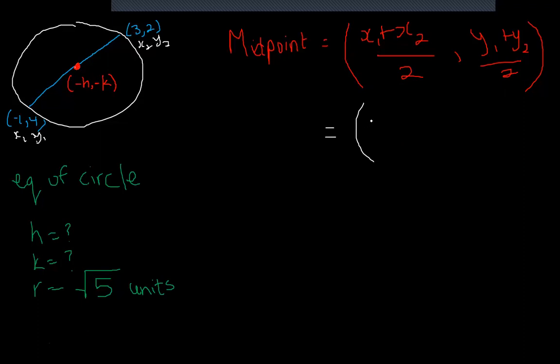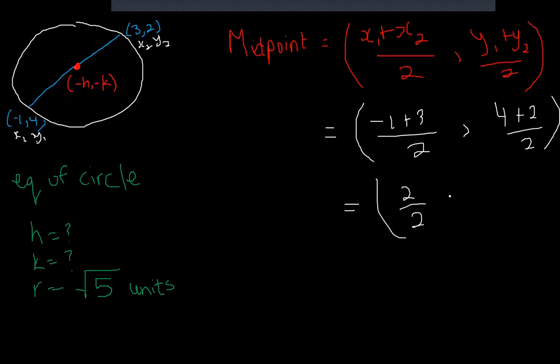So x1 is minus 1, so that's minus 1 plus 3 over 2, comma, y1, that's 4, so 4 plus 2 over 2. Minus 1 plus 3, that's 2. So it's 2 over 2, comma, 4 plus 2 is 6 over 2. 2 divided by 2 is 1. And 6 divided by 2 is 3.